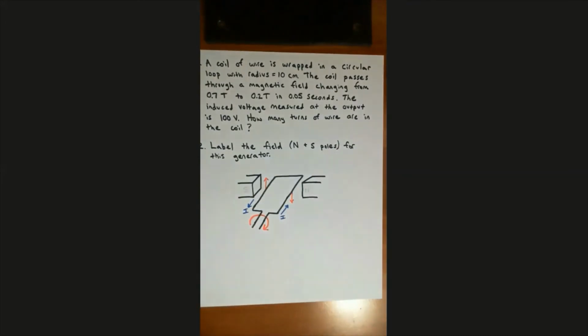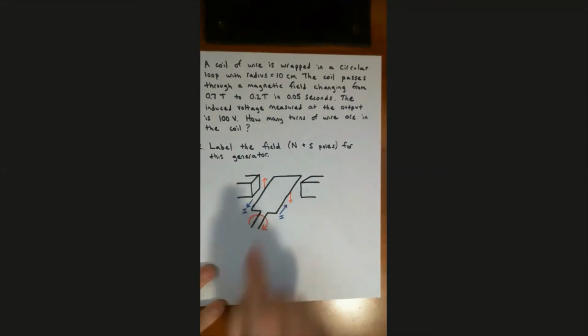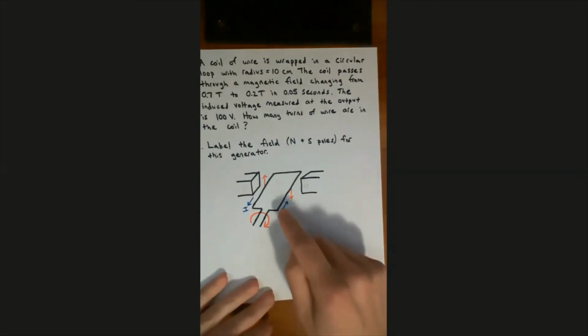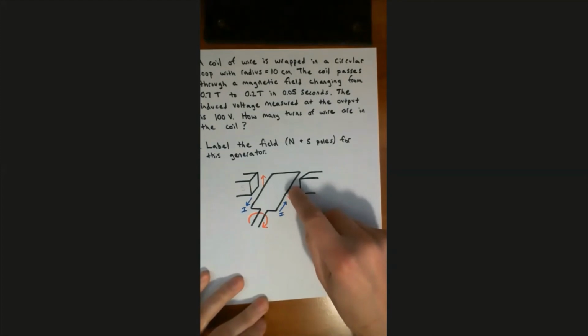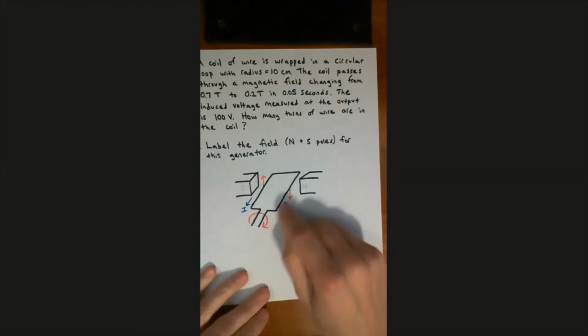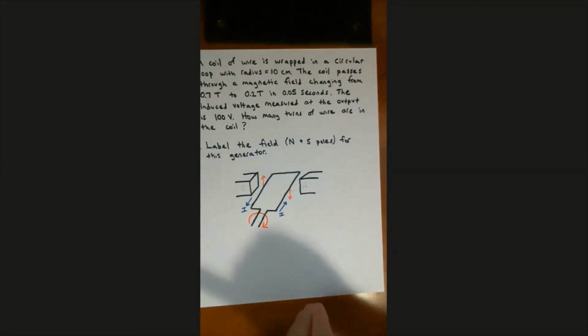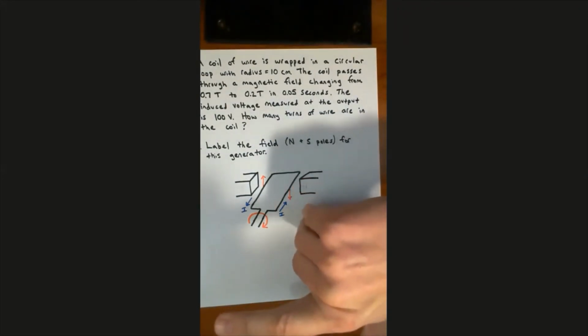I'm going to write it in pencil for right now, and then I'm going to apply it to this side, and I should get the exact same thing because they're both in the same magnetic field, and so I'll check it by applying the right-hand rule to this side. So for this side, I need to use my right hand, and I need my thumb for motion to be going down, and I need my second through fourth fingers to be pointing into the page for the current. All right, so the only way I can get that is by going like this, right?